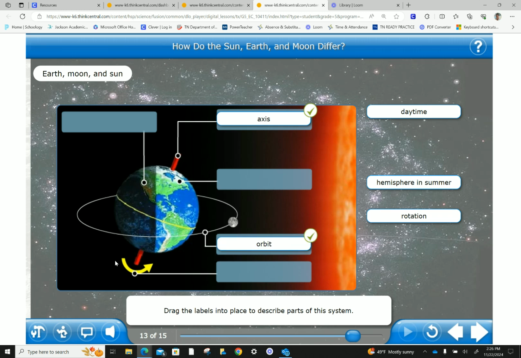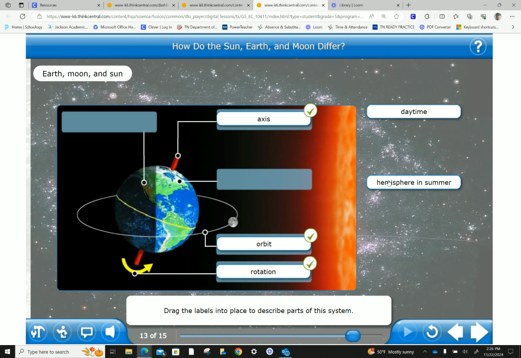This little arrow down here is telling us that this axis is turning. The axis turning is the rotation.